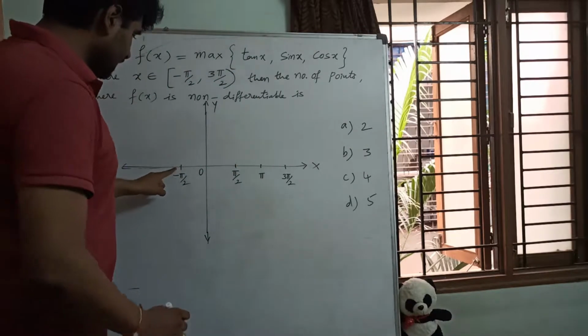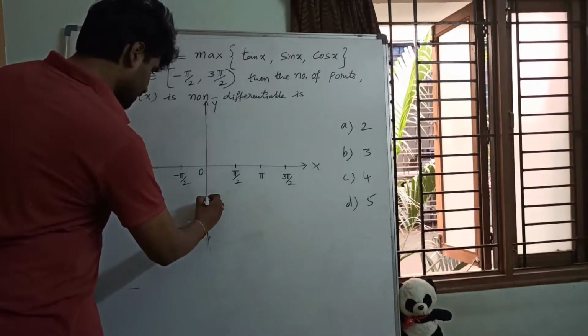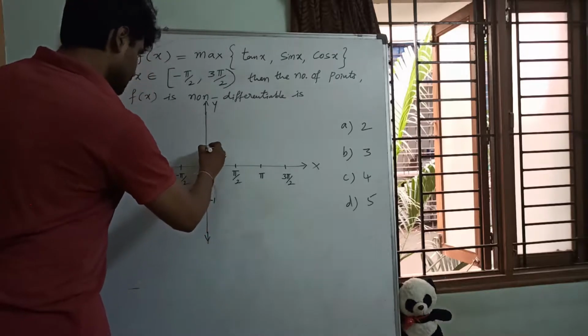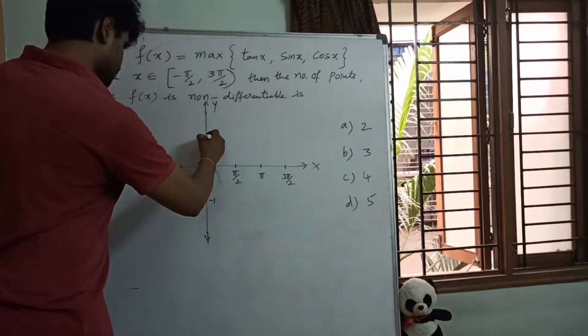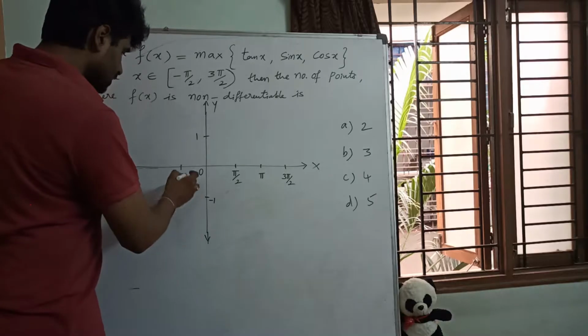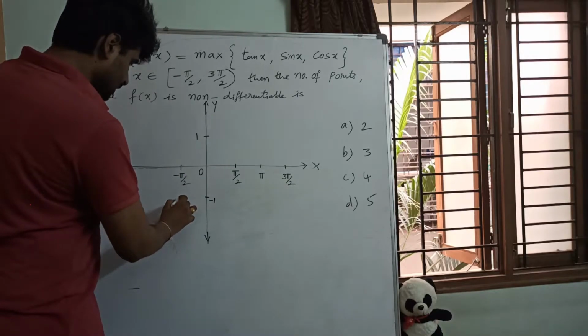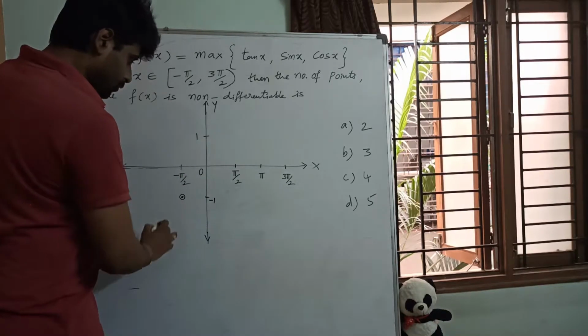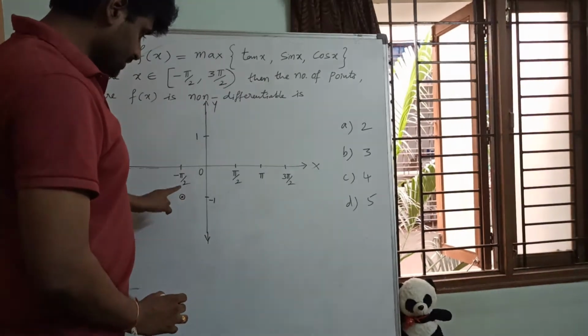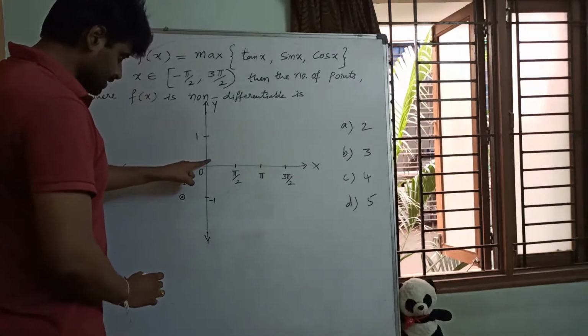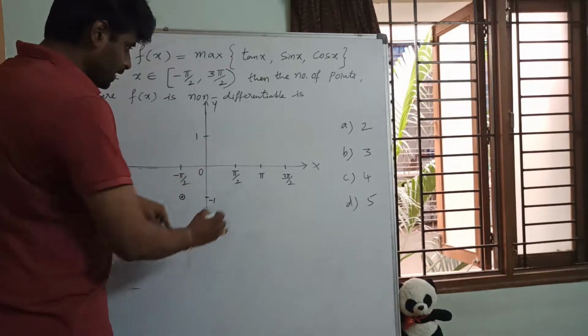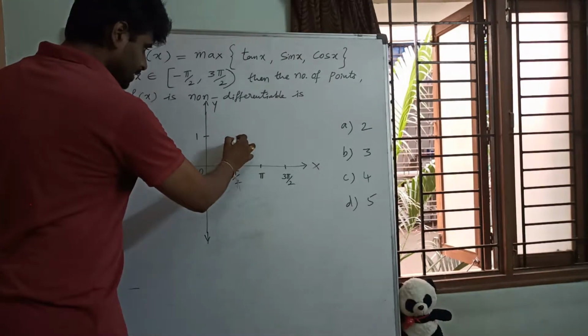Anyway, so sin of minus 90 will be minus 1 here. Let me take minus 1. So here 1. Okay. So now I am going to draw the curve of sin x. So sin of minus 90 is minus 1, sin 0 is 0, sin 90 is 1. So like this. Okay.